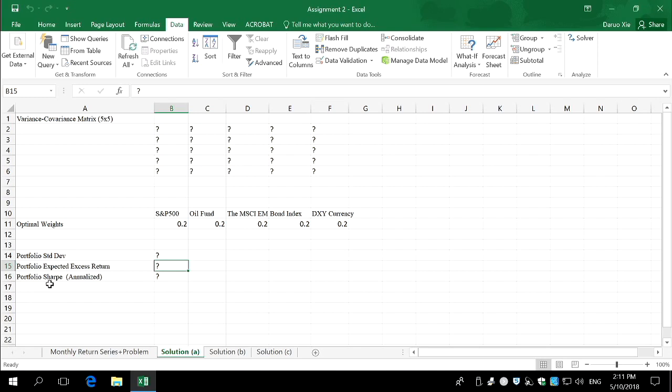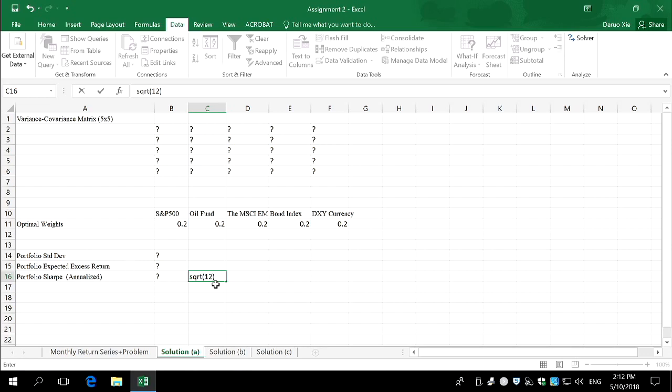But typically we want the annualized Sharpe ratio. How to get the annualized Sharpe ratio? It's very easy. Just square root of 12, times what you get from the monthly Sharpe ratio. Why square root of 12?